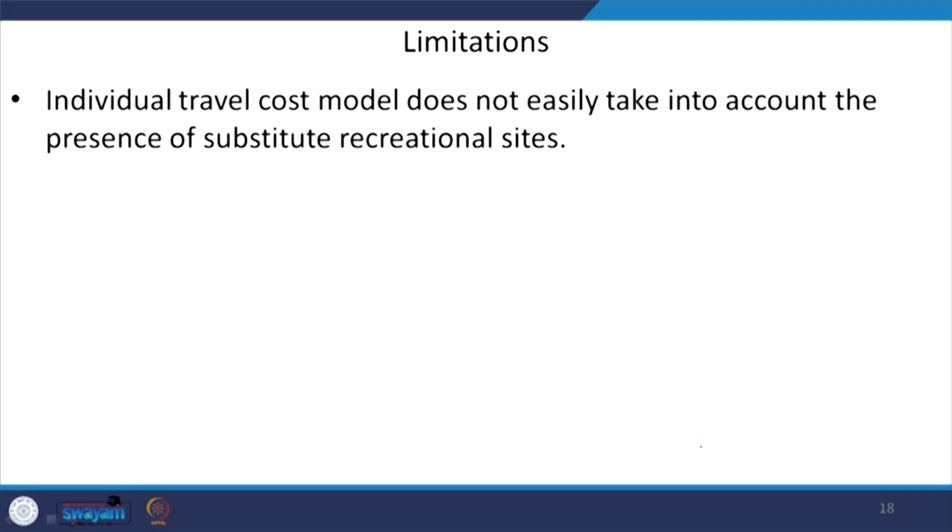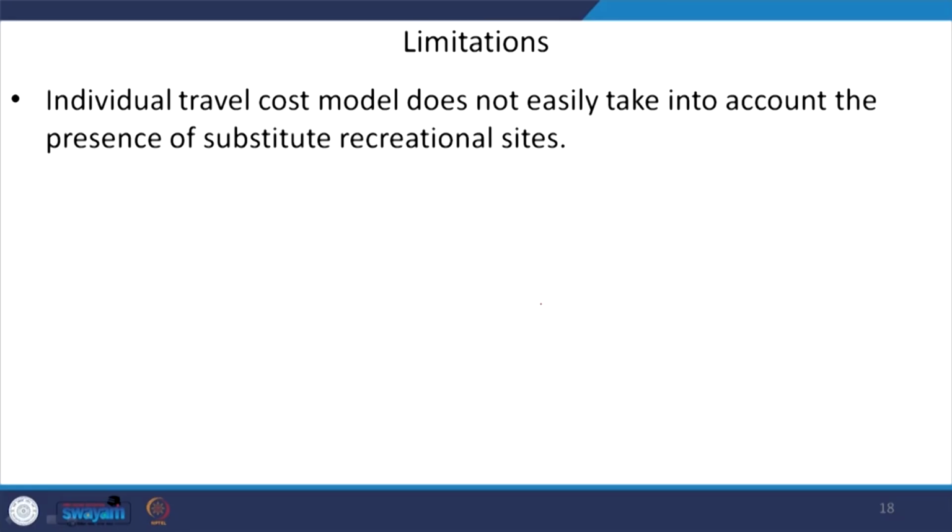Now let us talk about the limitations of this travel cost model as one of the methods under the revealed preference category. The first limitation is that this method can only be used in measuring the use value of the environment.